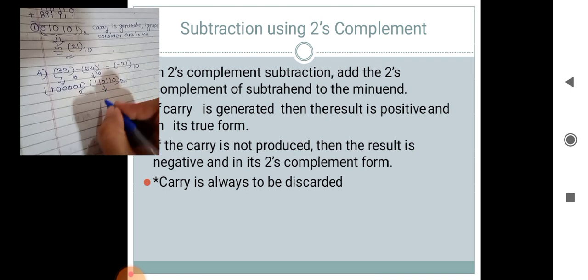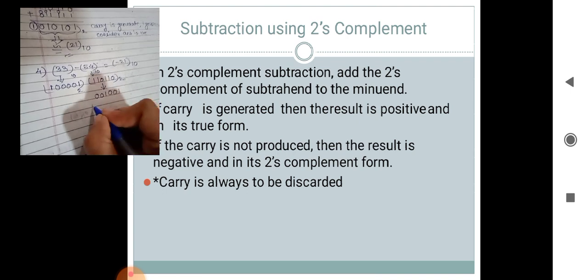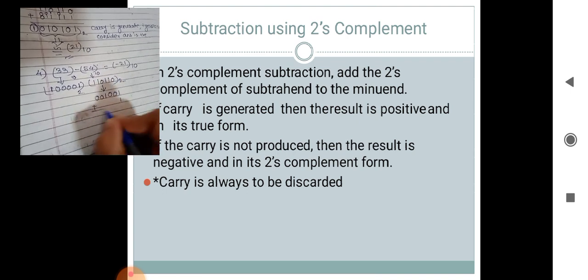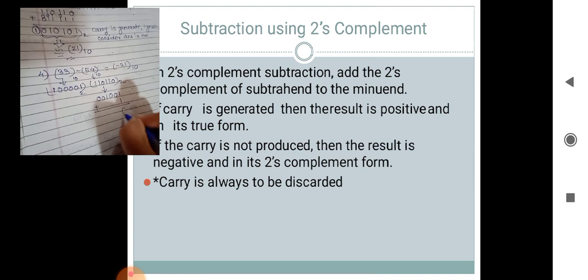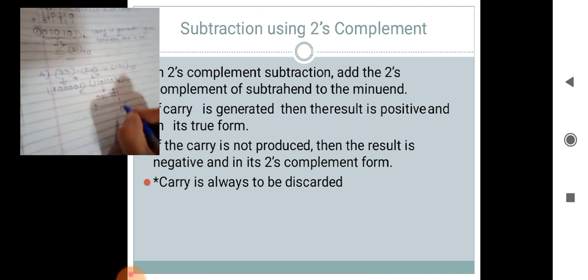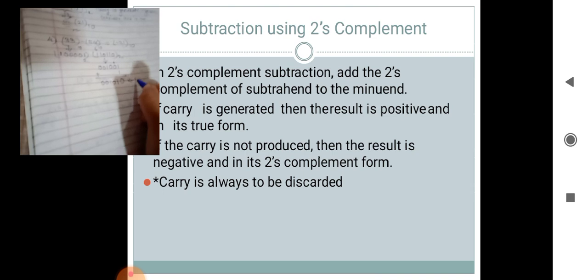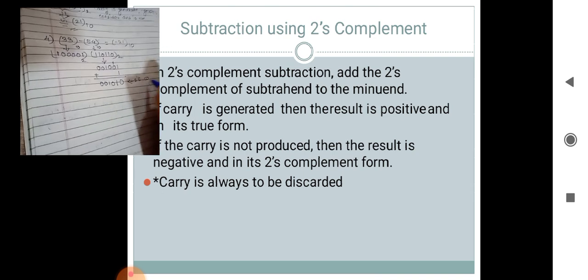First we will write the 1's complement, 0 0 1 0 0 1. We will add 1 to it. 1 plus 1 is 0, sorry, sum 0, carry 1. 1 plus 0 is 1. The rest of the bits are written as they are. So this is the 2's complement of 54.